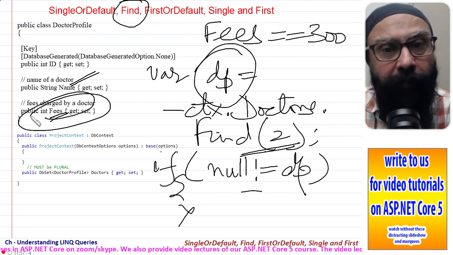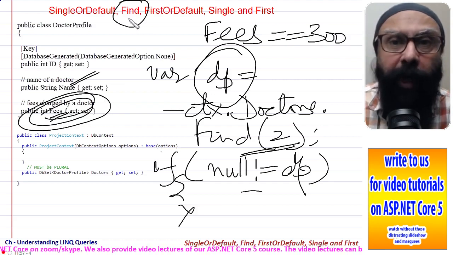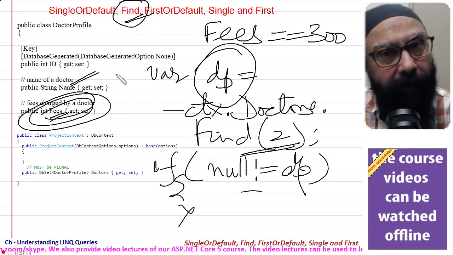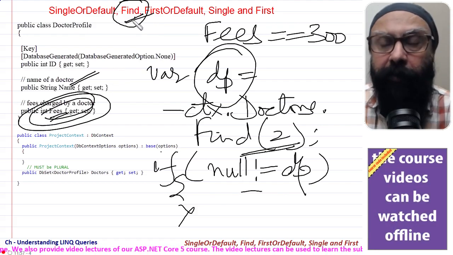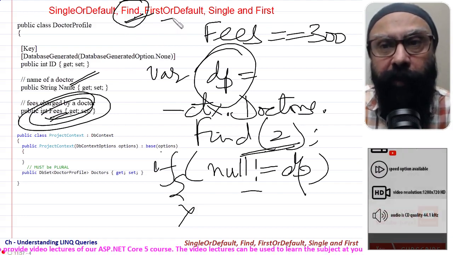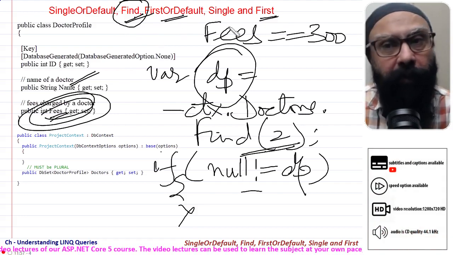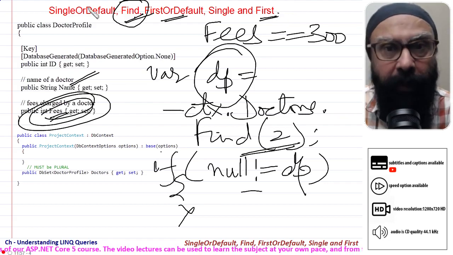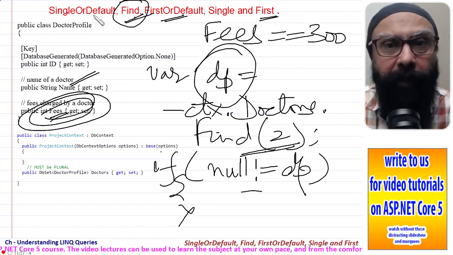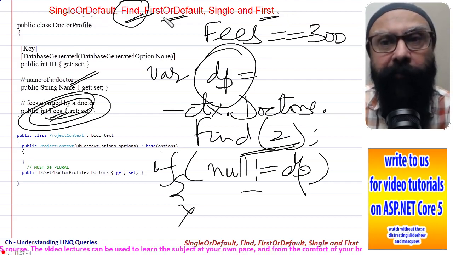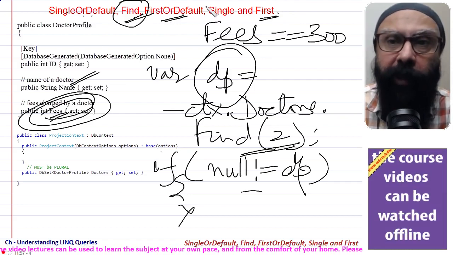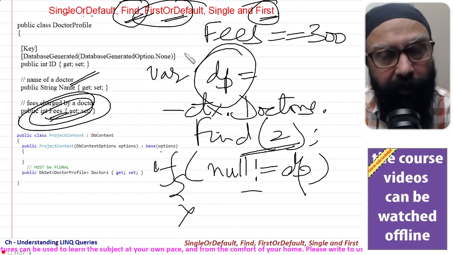Now this is not the primary key, so I will not be able to use Find. In this case you have to use either FirstOrDefault or First. A slight confusion will be there between SingleOrDefault and FirstOrDefault, but let me first take FirstOrDefault or First.